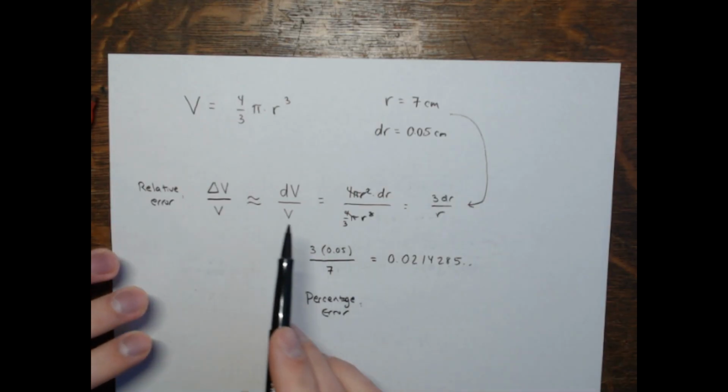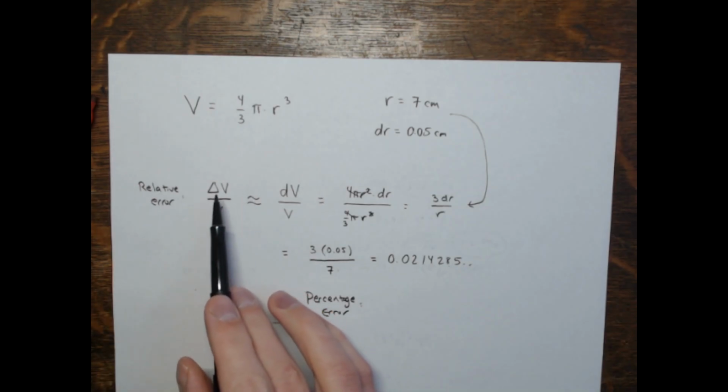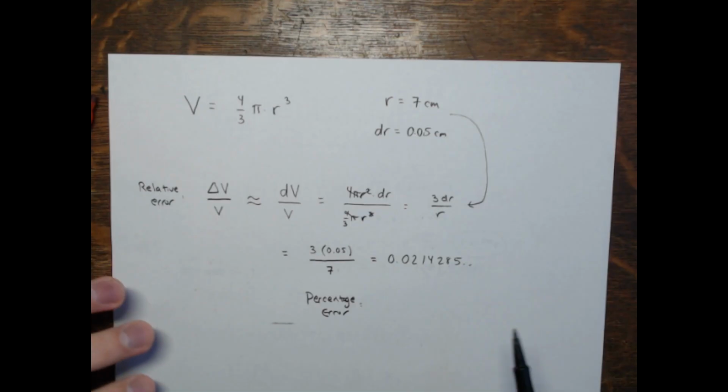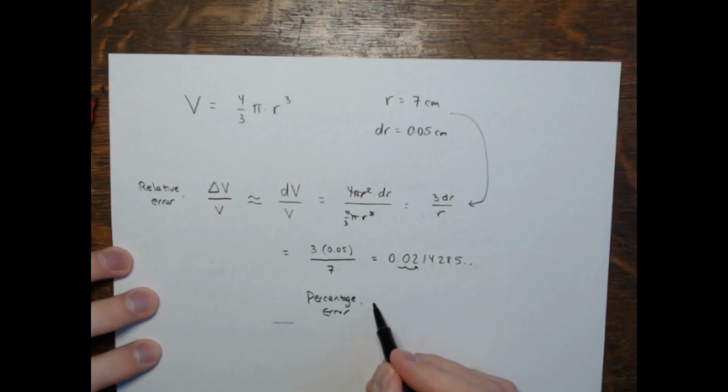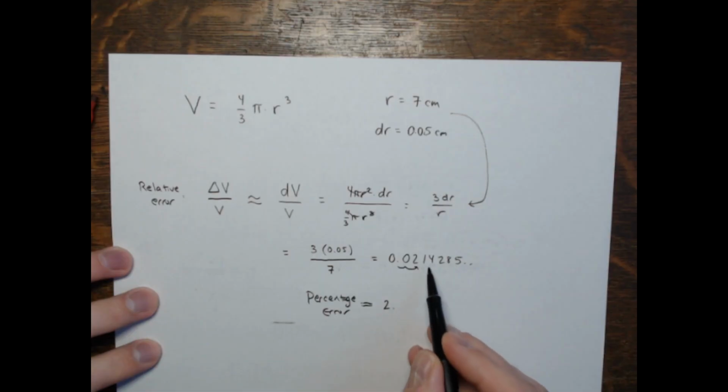This change in volume is what percentage of the original volume. So let's move the decimal place to the right twice, multiply by 100. So the percentage error is approximately 2.142. And I say round the percentage to 2 decimal places. So instead of 2.142, just 2.14%.